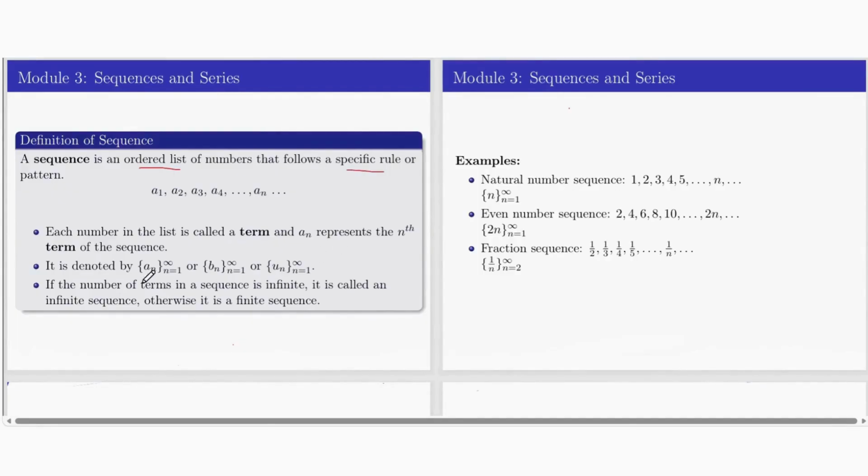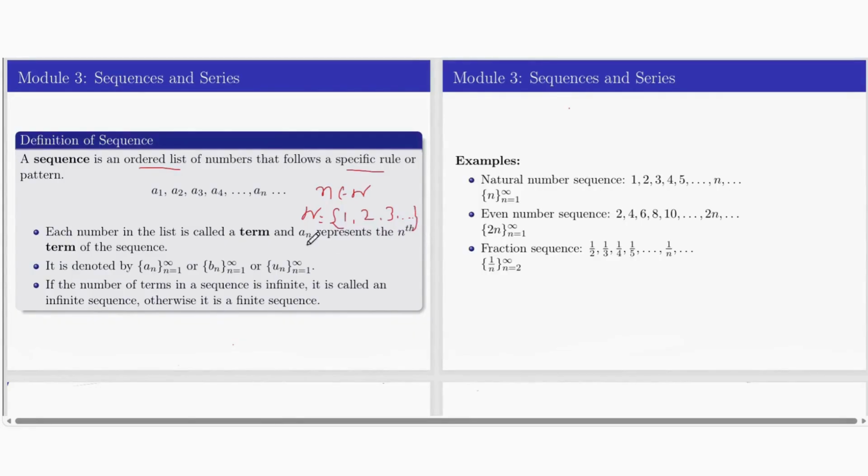So what is an here? The nth term of the sequence. And here we take n varying from 1 to infinity. Now n varying from 1 to infinity means what is N? n belongs to capital N. Capital N is a set of natural numbers, and the elements of N are 1, 2, 3 and so on.